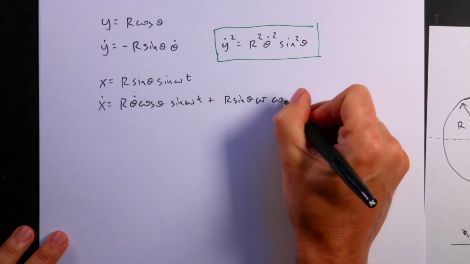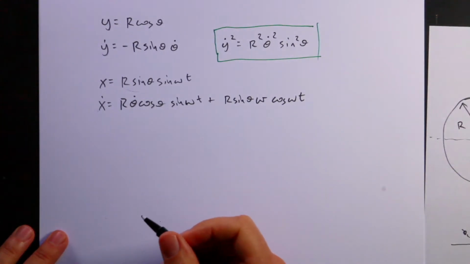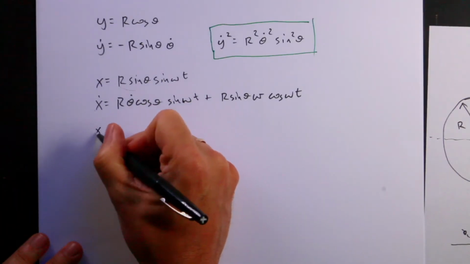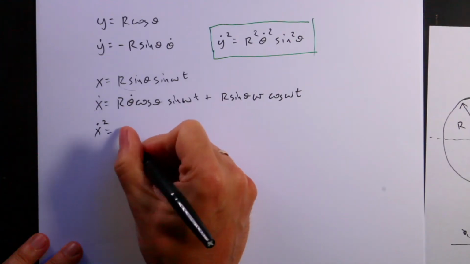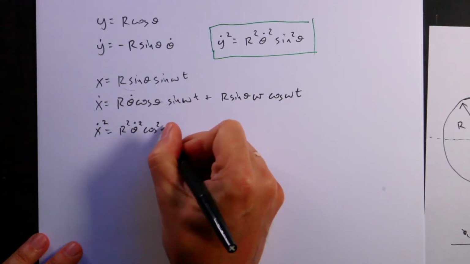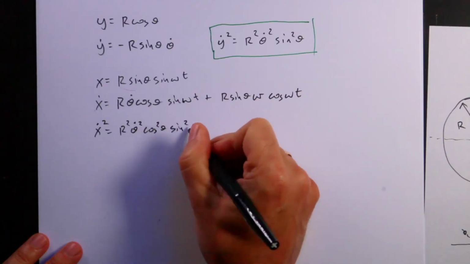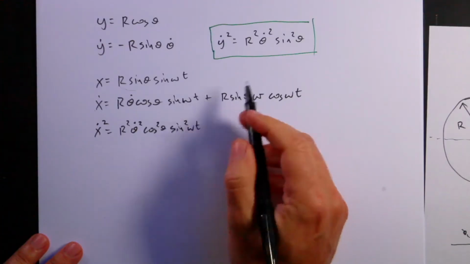Omega cosine omega t. Okay, now I need to square that, and this is where it starts getting messy, but don't worry, it's all going to work out. So this squared is going to be r squared theta dot squared cosine squared theta sine squared omega t, and then I'm going to get the cross term. They're both plus.